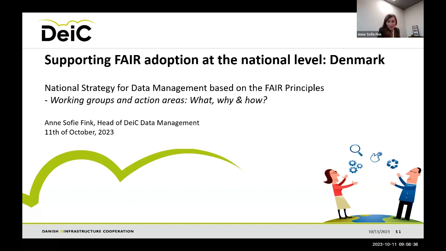We have the national strategy just presented by John and Bjarke, and now let's look into how things are done, the what, why, and how, as far as we can get at this side. My name is Anne-Sophie Fink. I'm head of data management in DAG, and have been working in this area for many years.